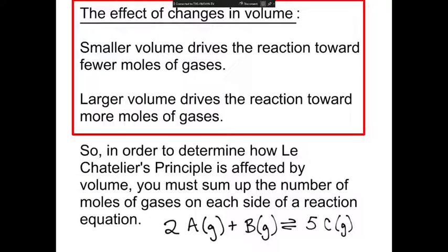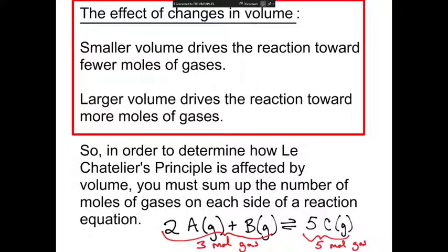The left side of this reaction has a total of, just add up the coefficients, 3 moles of gas. And the right-hand side has 5 moles of gas. So just base it on the coefficients on each side.